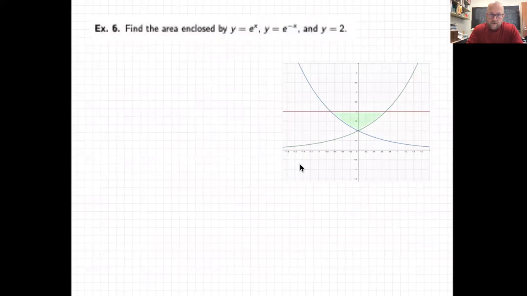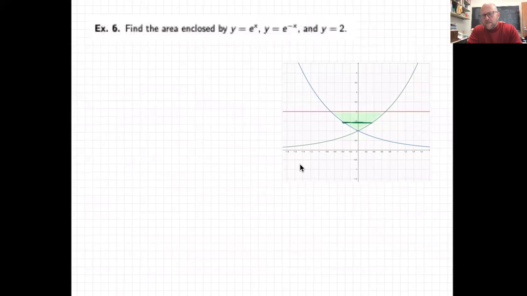you have a couple of different ways that you can go at this. Either you can talk about having vertical slices here and break the region into two pieces, or you can talk about having horizontal slices here and have the region as just one piece. Either way that you go at it is going to be about the same amount of work.